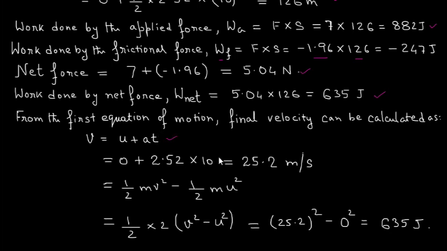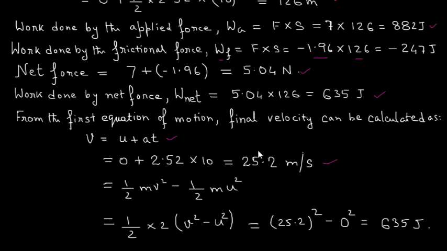Putting the value of u, a and t, we get 25.2 meter per second, which is equal to half mv square minus half mu square. Now putting the values, we get half multiplied by 2 into v square minus u square, and putting the value of v and u, we get 25.2 whole square minus u square, that is 635 joule.